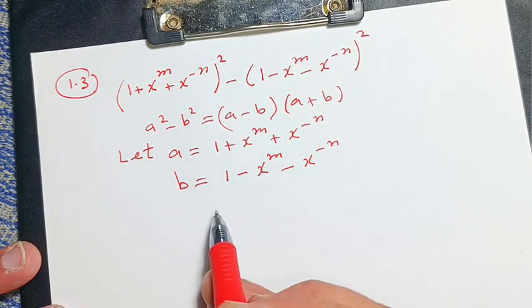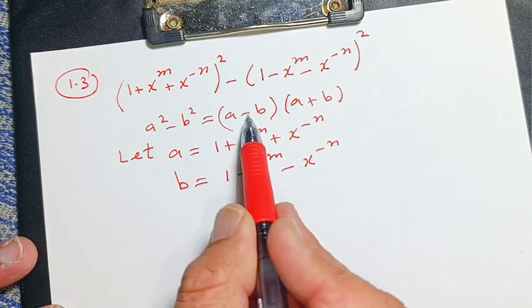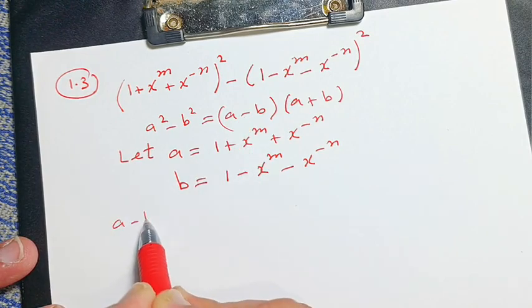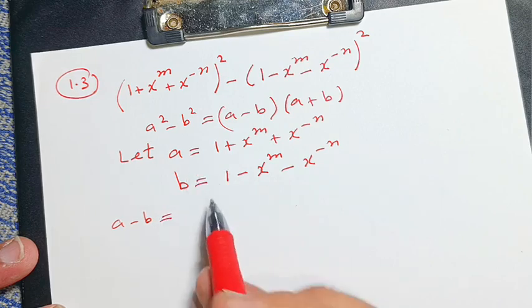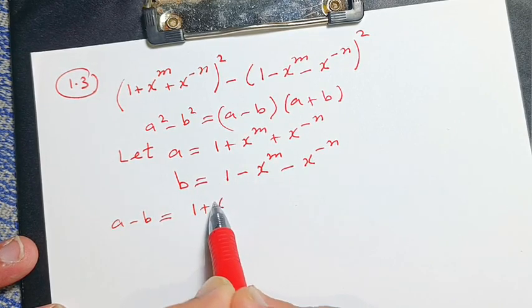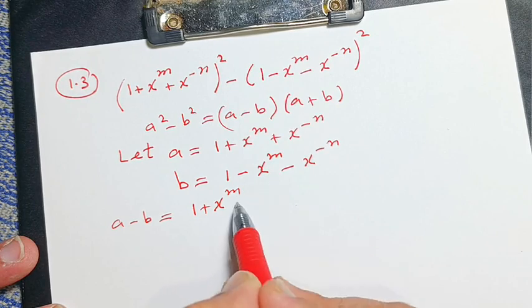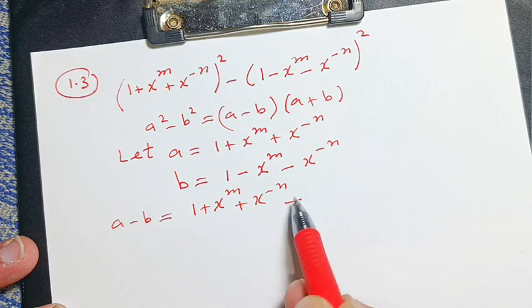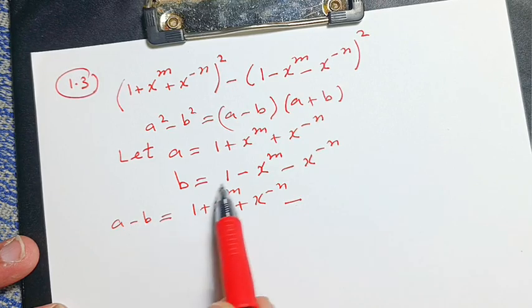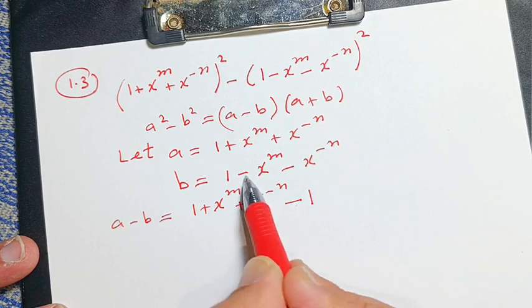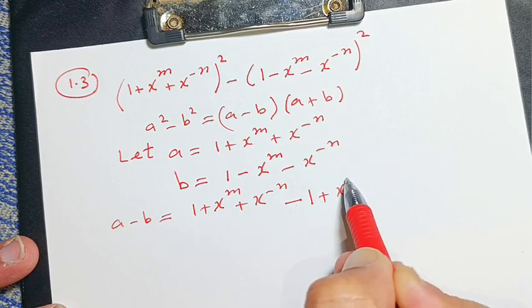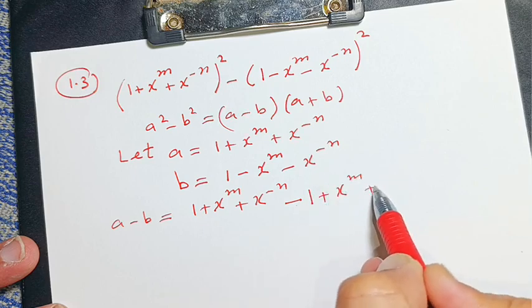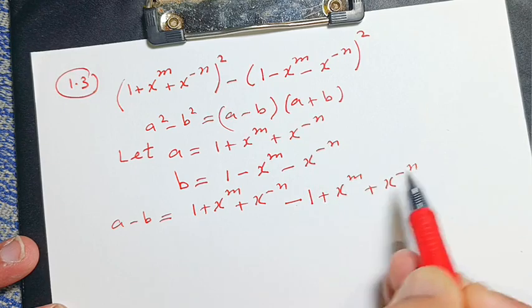Now we need to calculate a minus b first. A minus b is going to be equal to 1 plus x power m plus x power negative n minus, must remember this minus from the formula, so minus 1, this becomes positive x power m, this becomes positive x power negative n.